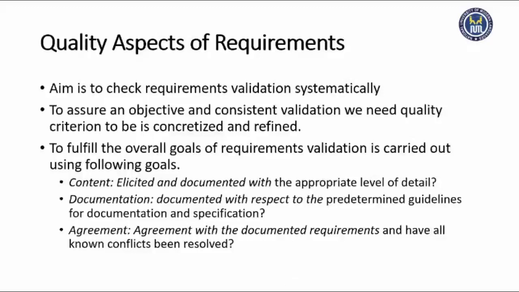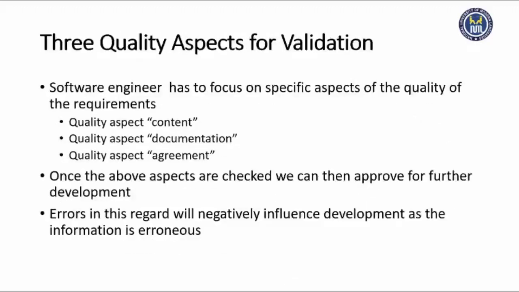Let's check the three aspects of validation. The three quality aspects are the content, documentation, and agreement. Once the above aspects are checked, we can then approve the requirements for further development. Errors in the requirements will negatively influence development as the information will be erroneous and not agreed by the stakeholders.